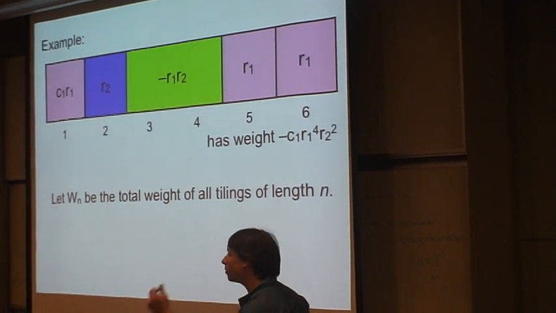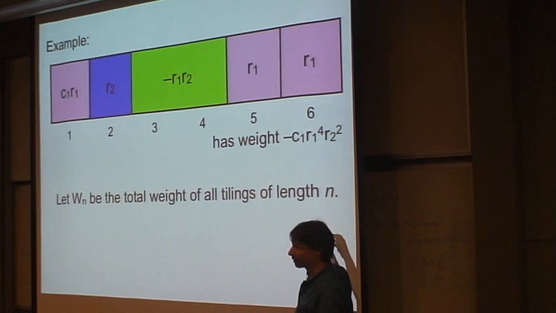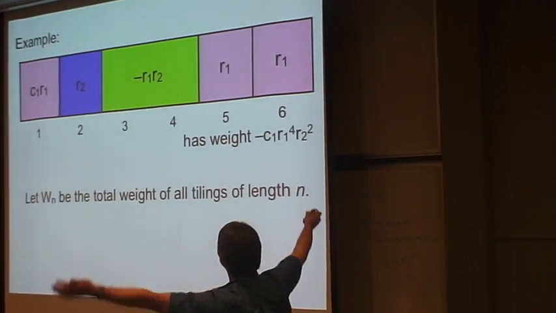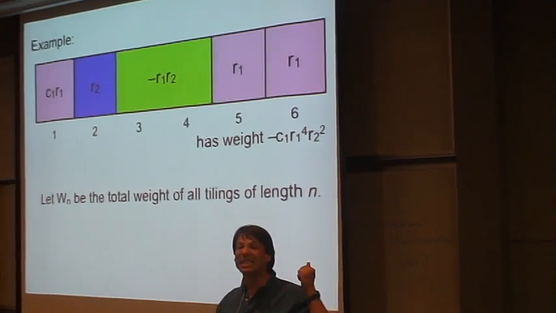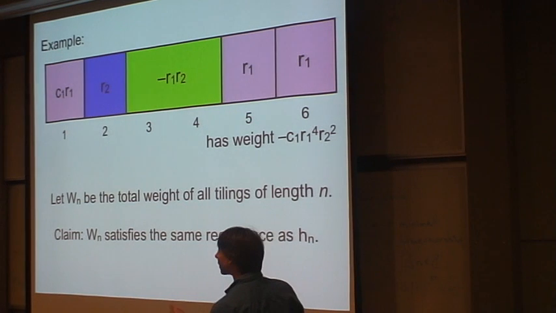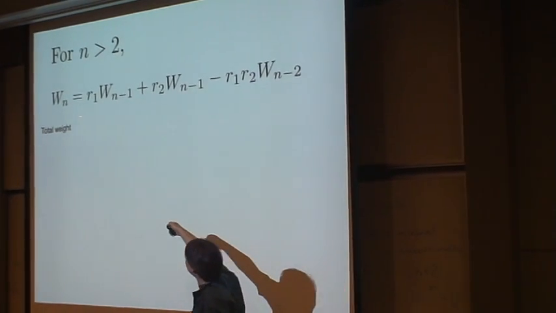I'm going to let Wn be the total weight of all tilings of length n. I claim Wn, the total weight of all these tilings, satisfies the same recurrence as H sub n. Okay, that's what we want to show. So let's see that. Well, what's the total weight of all the tilings?